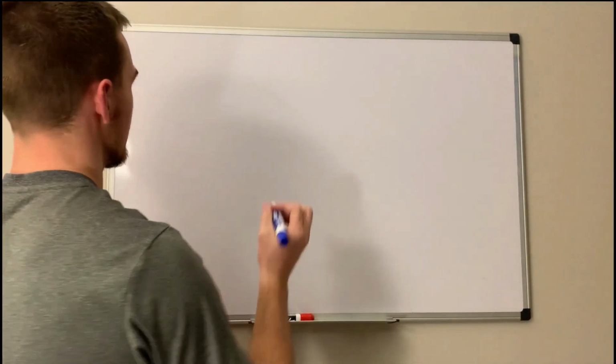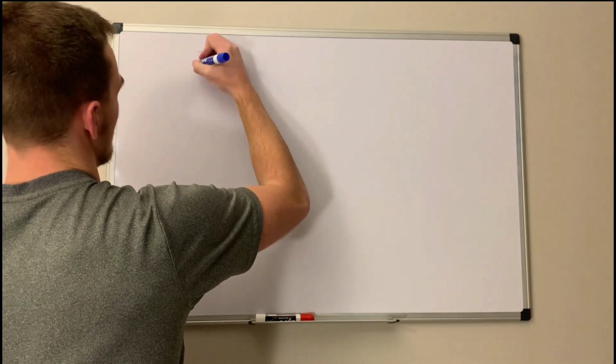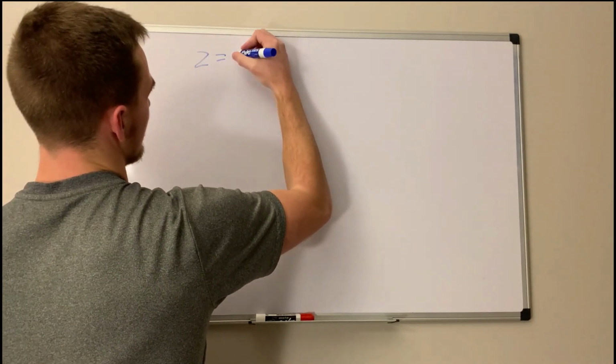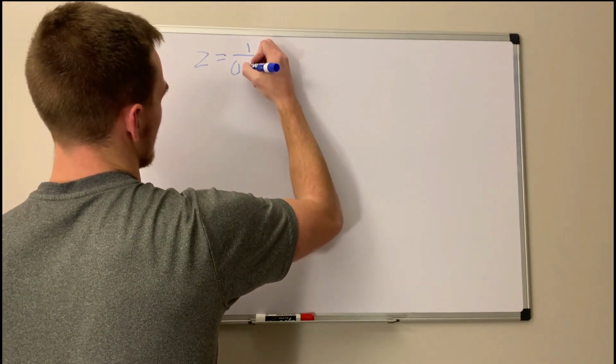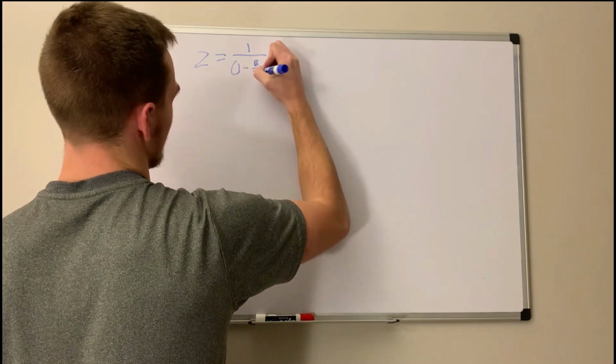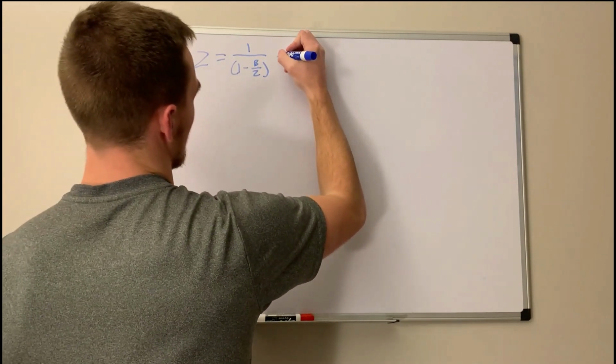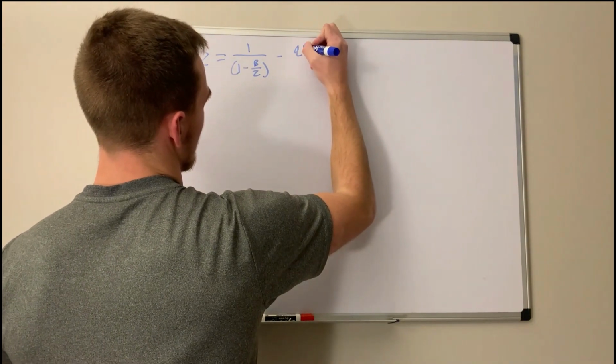So again, what we have here, moving that Z to the bottom, we'll have Z equals 1 over 1 minus beta over Z minus Q times beta.